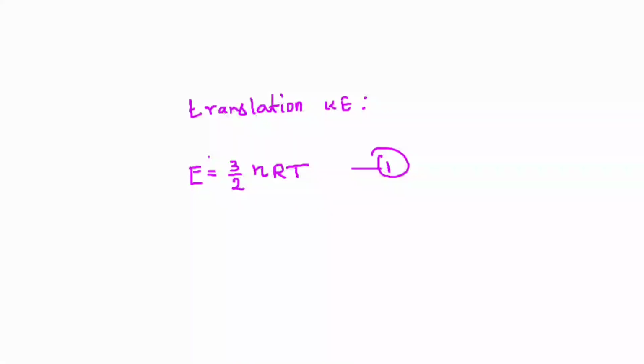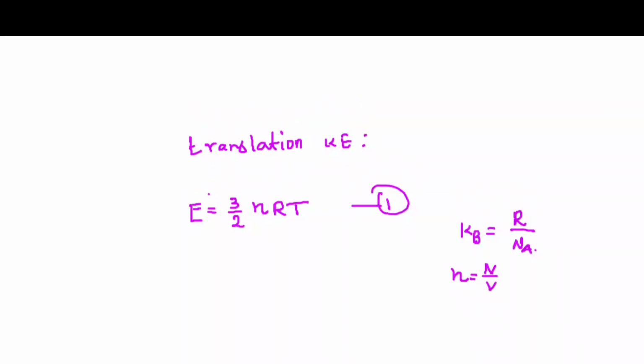We can rewrite this equation further by using Boltzmann constant, because KB, Boltzmann constant KB is equal to R by Na, right? We can write E is equal to 3 by 2 n into, instead of R we can write KB into Na T. Okay, the number of moles, right?